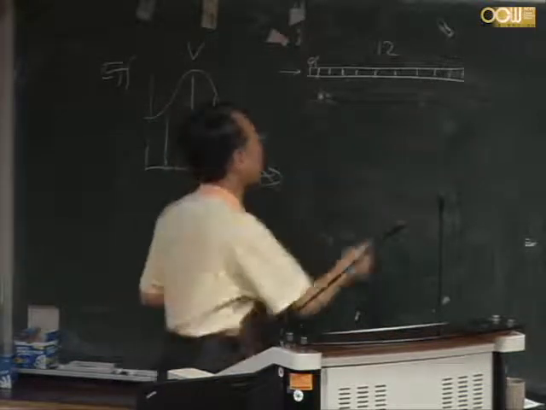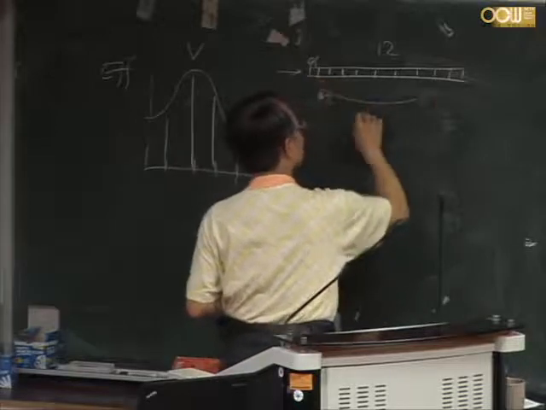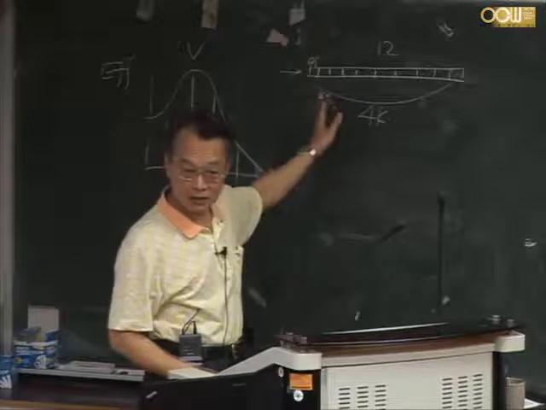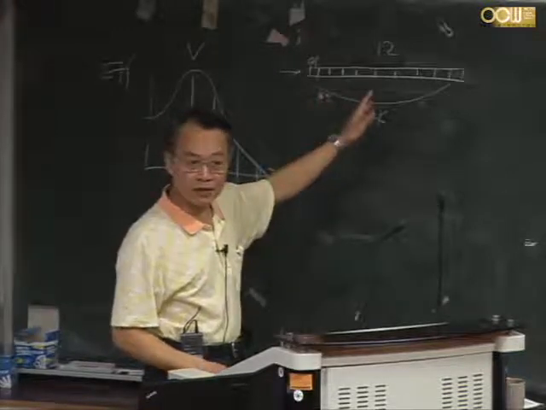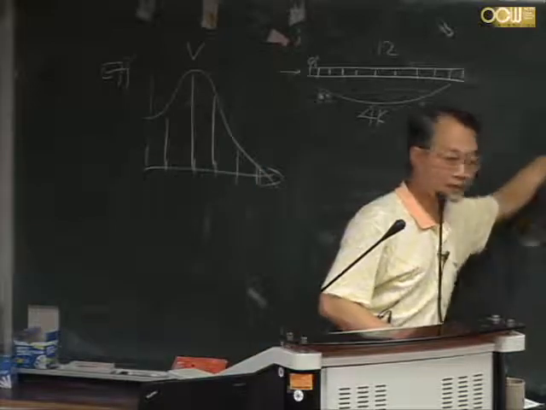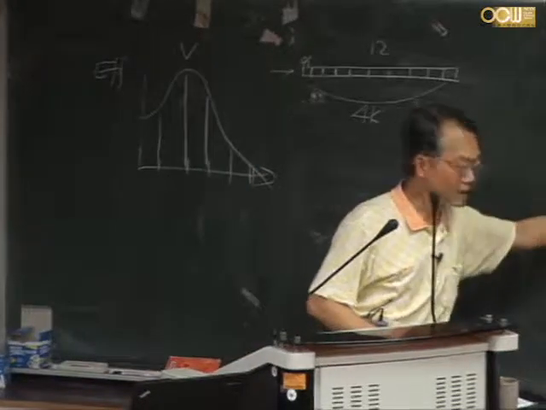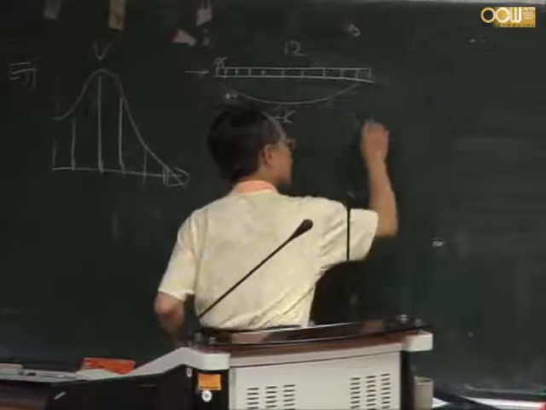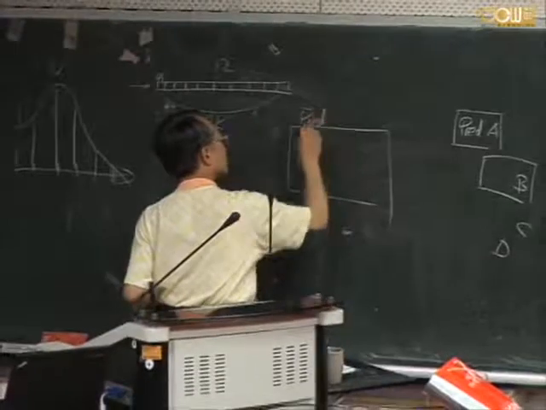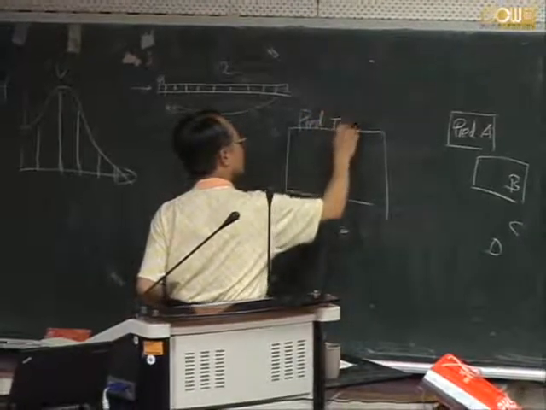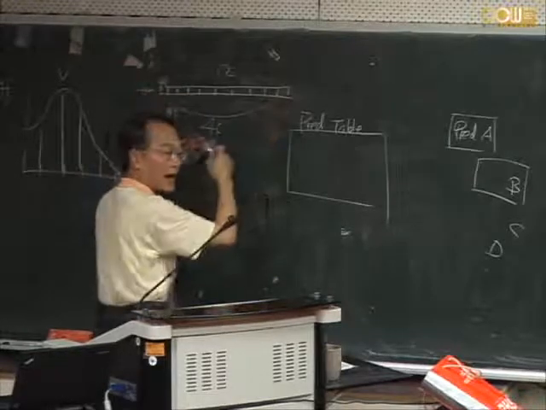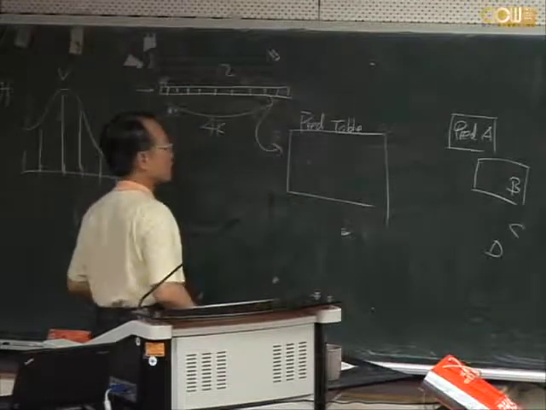With this, I have 4K possible history patterns. And for every pattern, in other words, every path along which I got here, I use a branch prediction table.